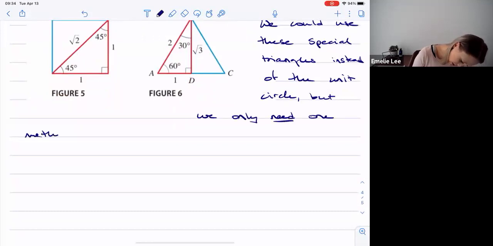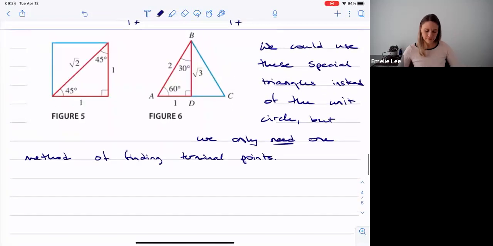This is another method of arriving at those terminal points, but we only need one method of finding terminal points.